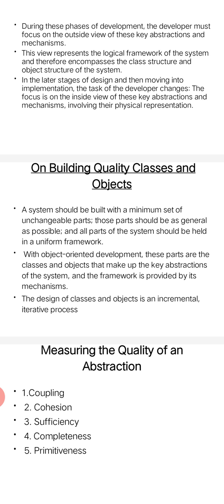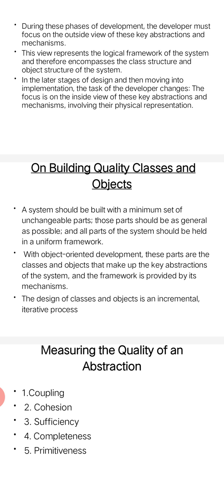While building a class or an object, some points should be general, and all the parts regarding the class or object should work in a uniform framework. With object oriented development, these parts are the classes and objects that make up the key abstraction of the system, and the framework is provided by its mechanisms.